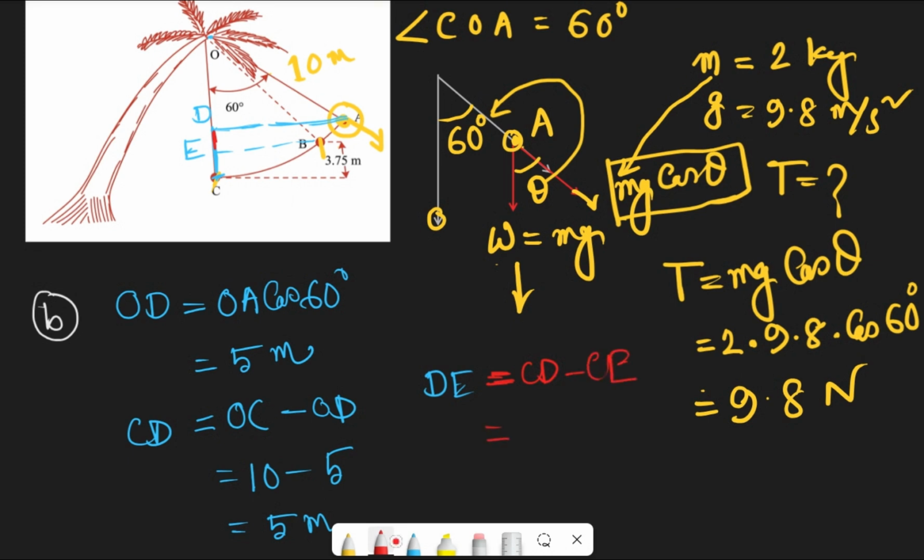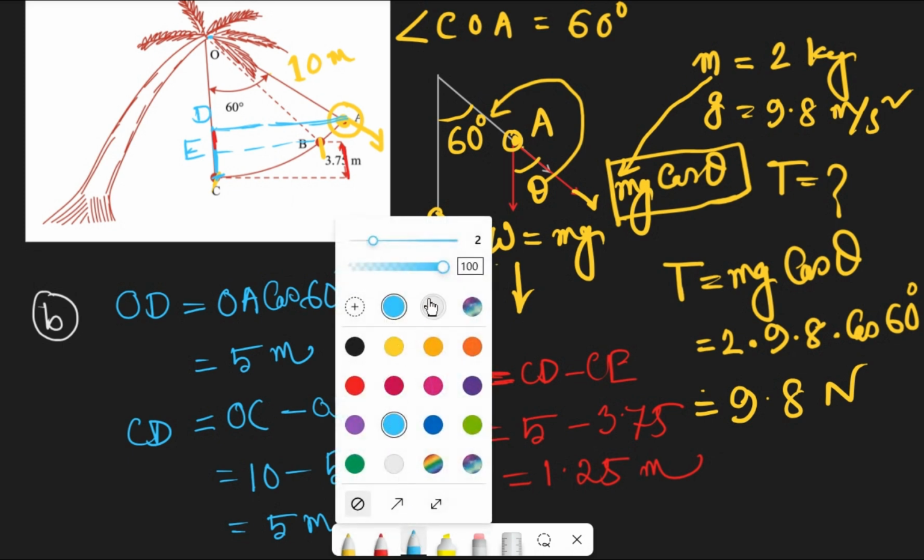CD is 5 and CE is 3.75, which is this much. So we get 1.25 meter. Right?